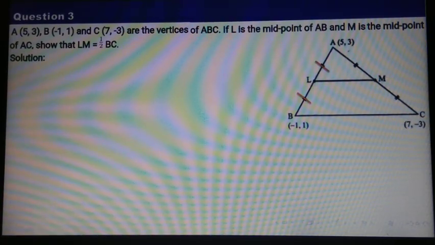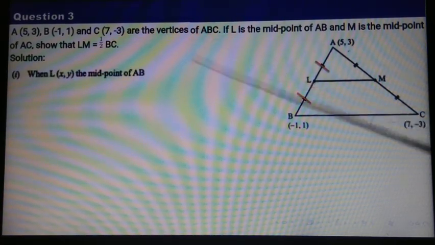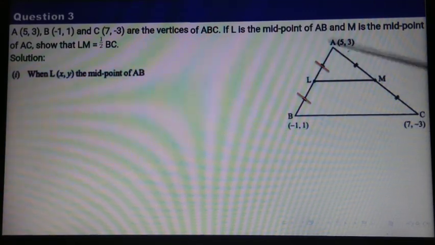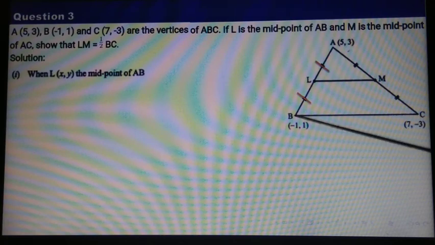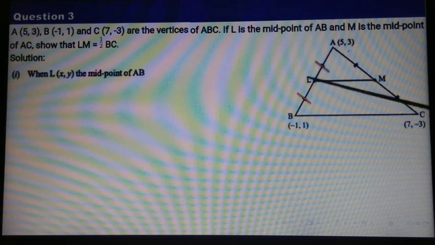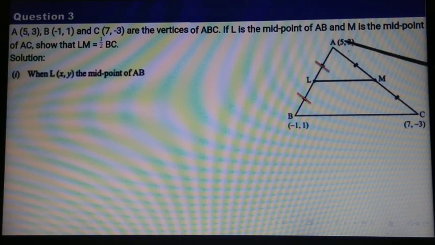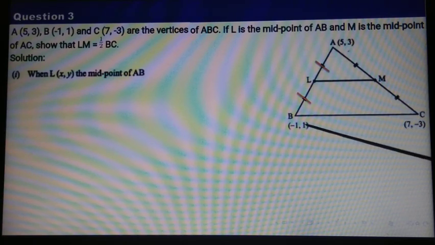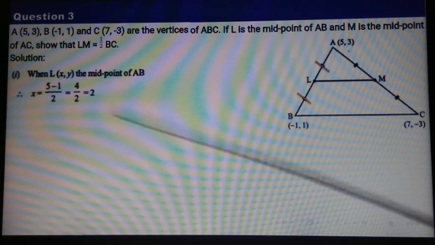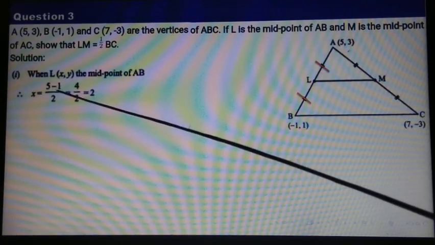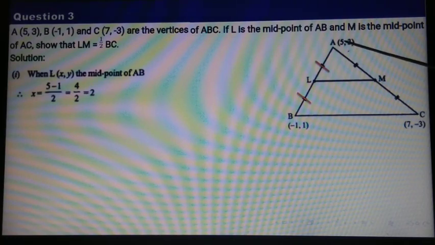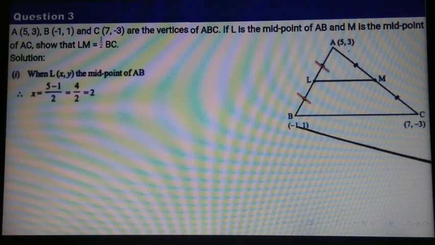So let's begin. When L is the midpoint of AB, if I call this midpoint (x, y), then using the midpoint formula, if I call this (x1, y1) and this (x2, y2), then x will be equal to (x1 + x2) by 2, that is 5 plus x2, that is minus 1.